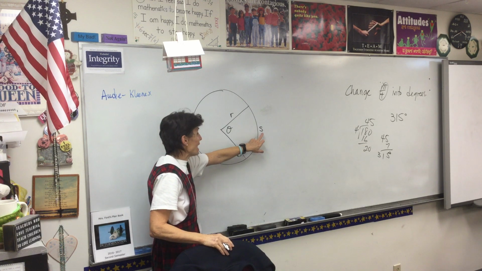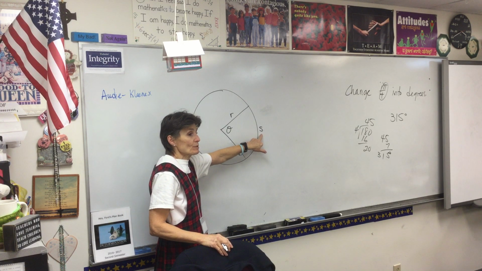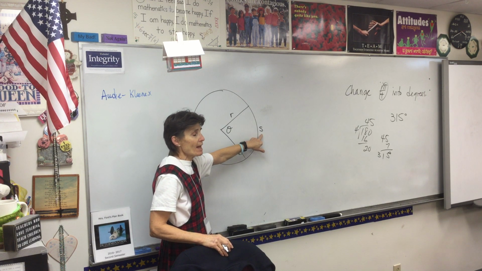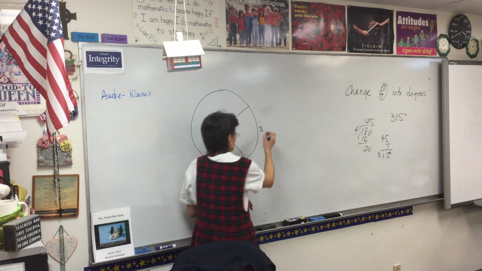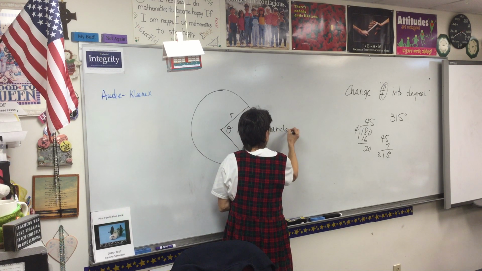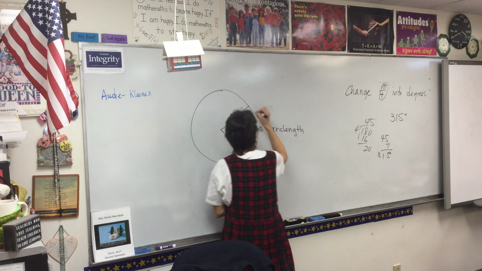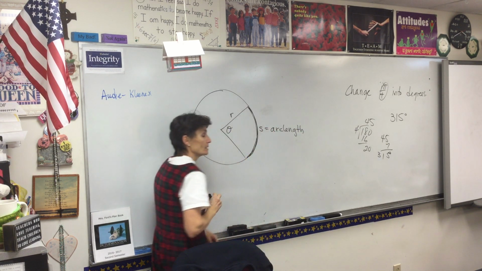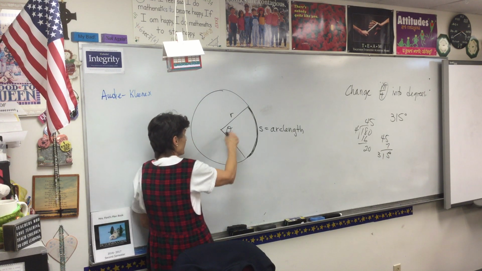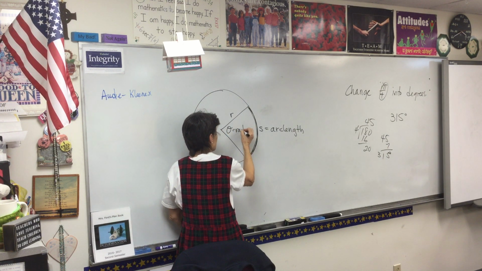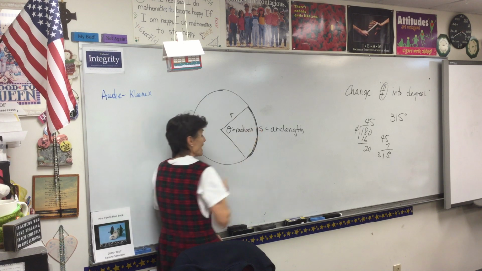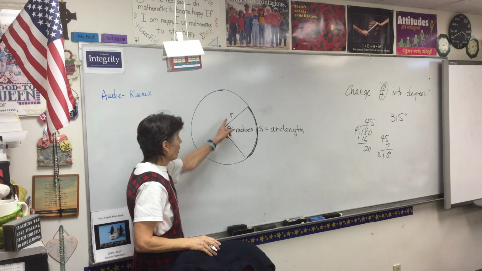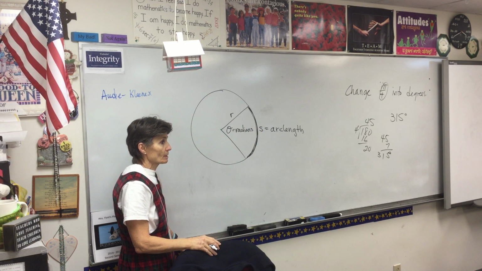S, that's an S, because your textbook uses S for arc length. So S stands for the length of the arc. Theta is the radian measure of the angle, and R is the radius.